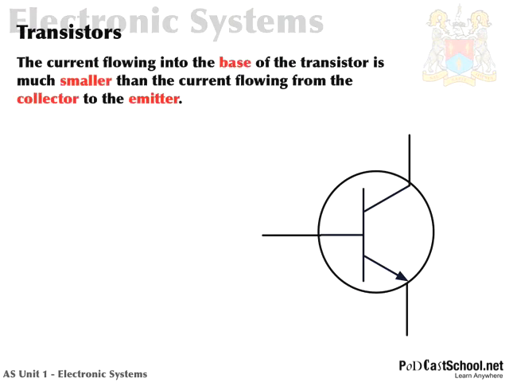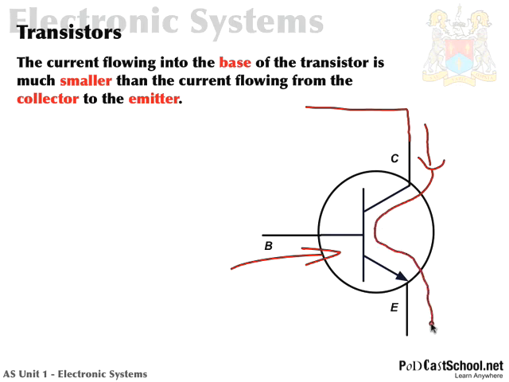Now, the current flowing into the base of the transistor is much smaller than the current flowing from the collector to the emitter. I've said already that current flowing in here switches the transistor on. If there's a current source available up here, then it is able to flow down through the transistor and back out again.